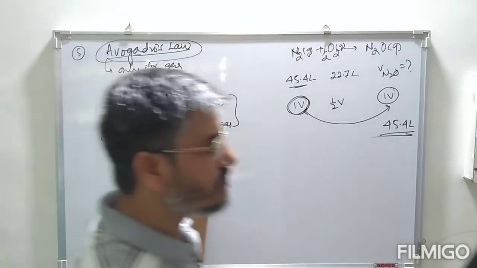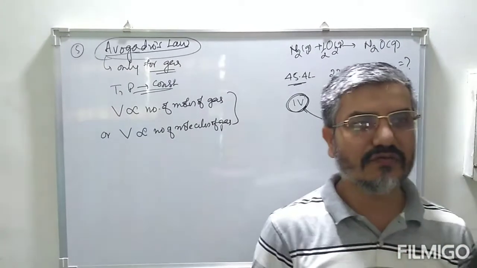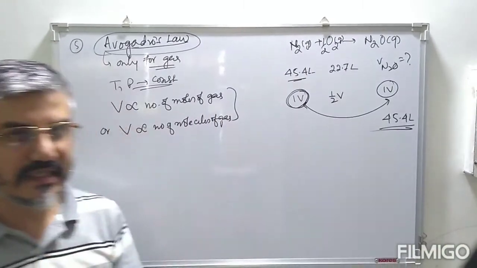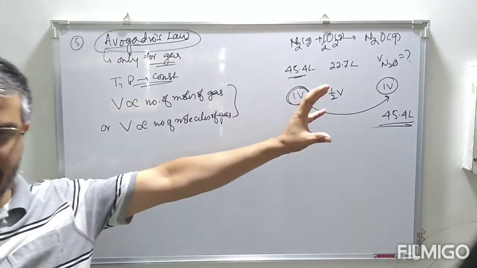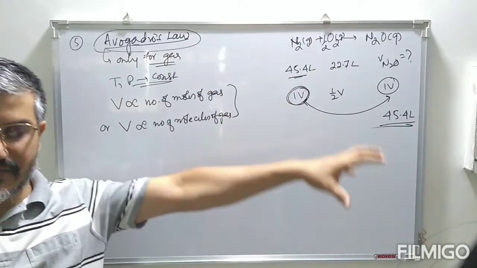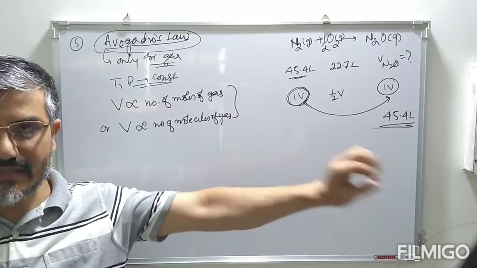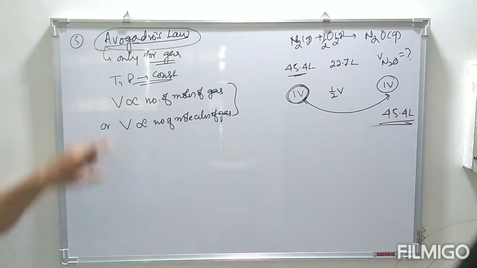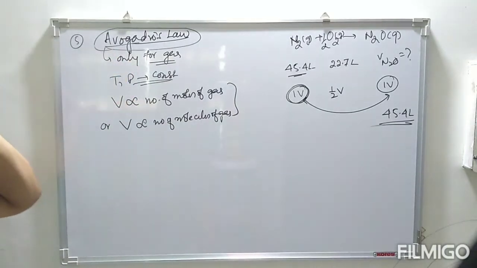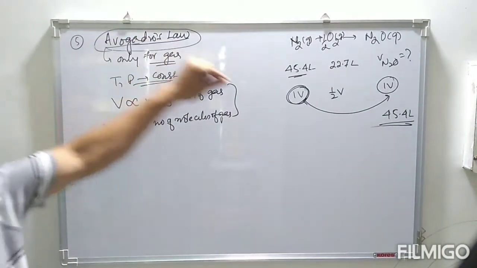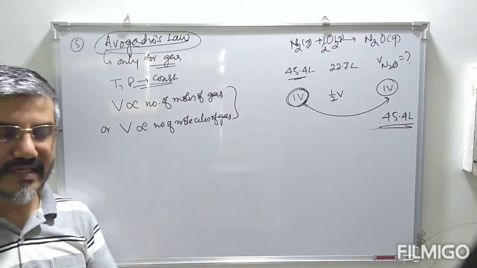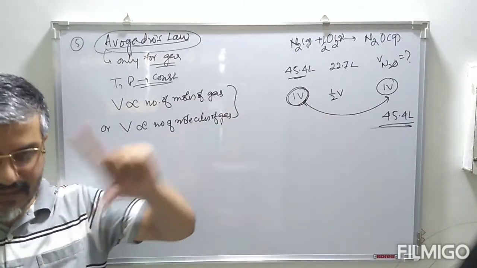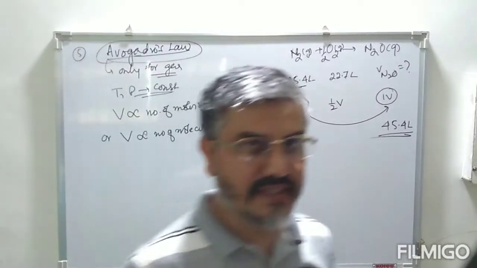That means if we take different samples of gas, all kept at identical conditions of temperature, pressure and volume, in different containers, then according to Avogadro's law, the number of molecules or number of moles of gas in the different containers containing different gases will always be the same.